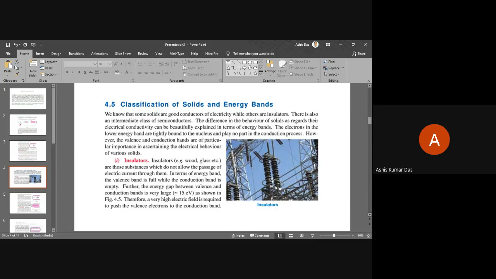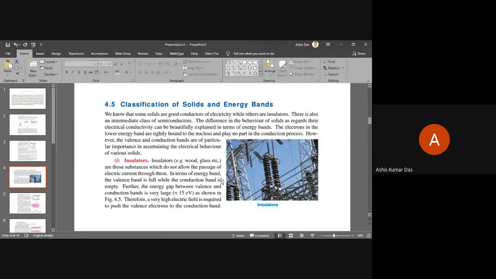These are called insulators. So in the insulator, what is happening? As I told you earlier, the band gap between the conduction band and the valence band is very large, and this is about 15 electron volts.